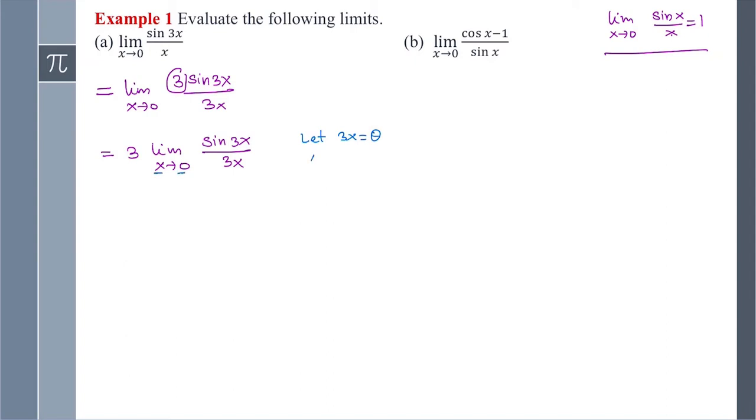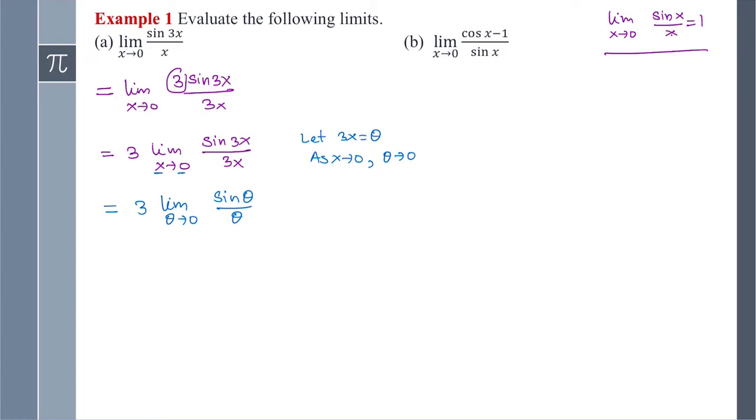Now as x approaches 0, since theta is 3 times x, that means theta also approaches 0. Now we can write this as 3 times the limit as theta approaches 0 of sine theta over theta.